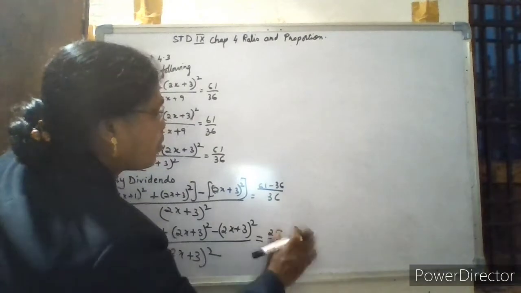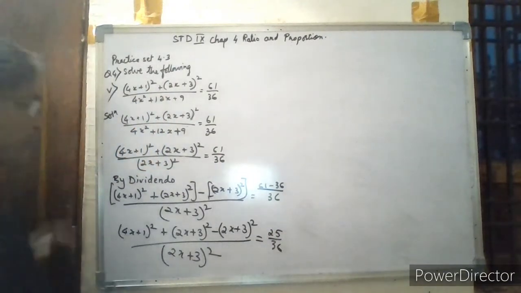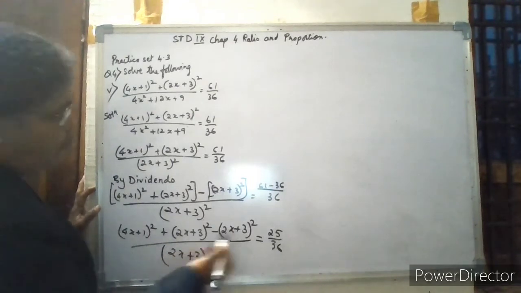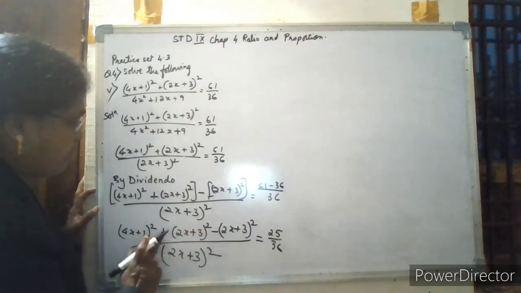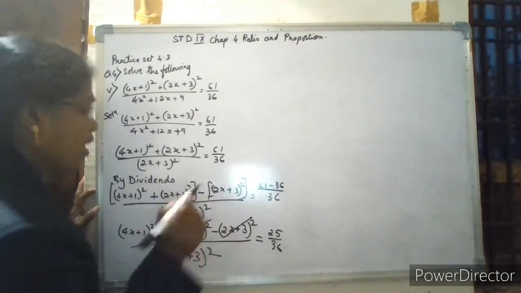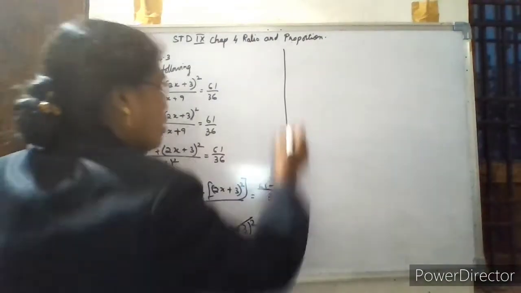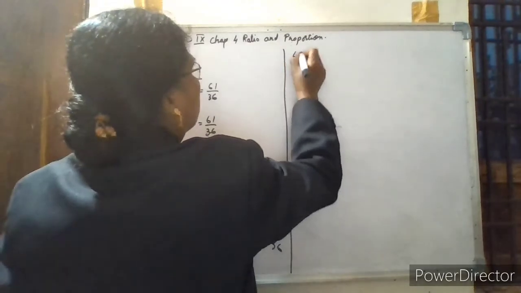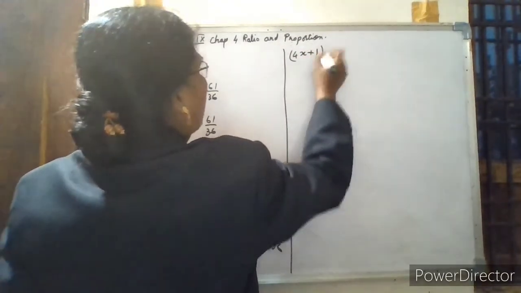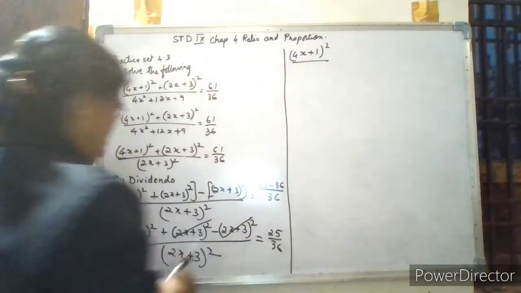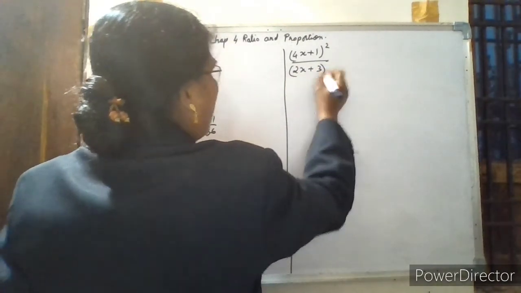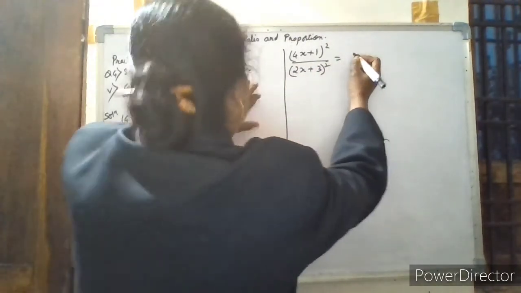Now, you see, by dividendo we came here, two brackets with minus and plus sign outside. So these two brackets will cancel. So therefore we are left with 4x plus 1 the whole square upon 2x plus 3 the whole square, equal to 25 by 36.